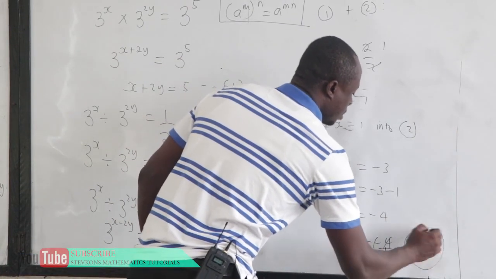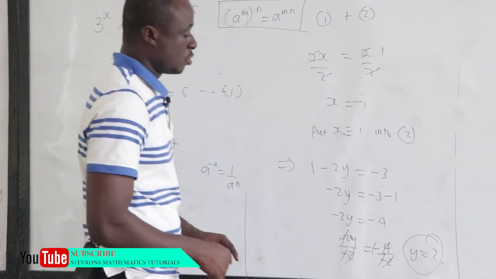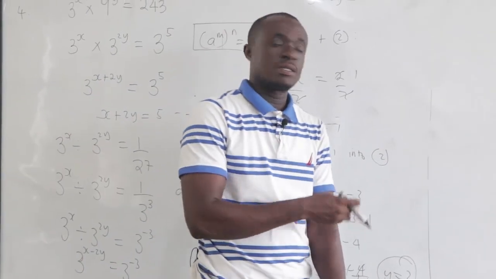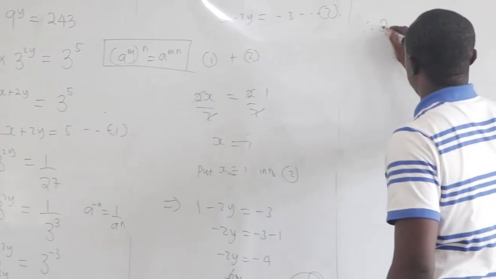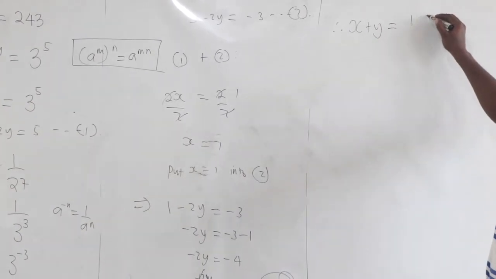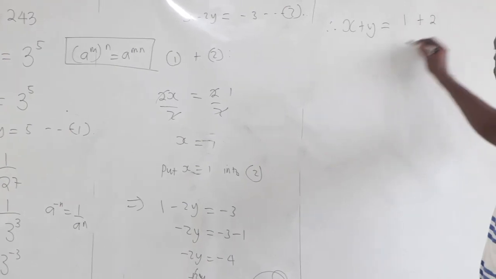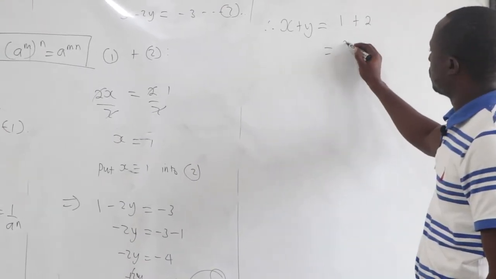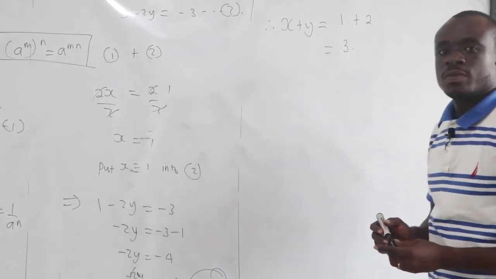So you have y equal to 2. But the question says we should find x plus y. Therefore, x plus y. What is x? x is 1. What is y? We had y to be 2. So 1 plus 2, this is equal to 3.